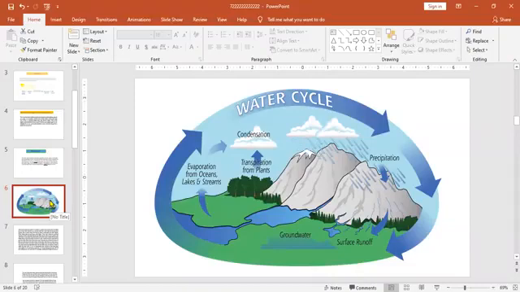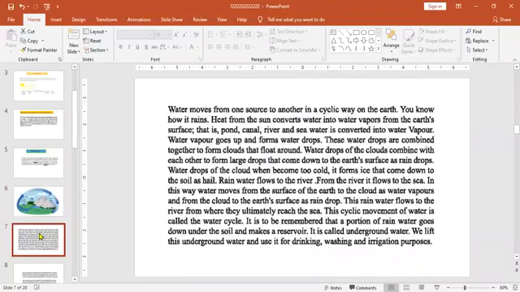Okay, please look at the picture. Look: groundwater, surface water, precipitation, transpiration, clouds, condensation, and evaporation from oceans, lakes, and streams. Okay. Then first, water moves from one source to another in a cyclic way on the earth. You know how it rains.